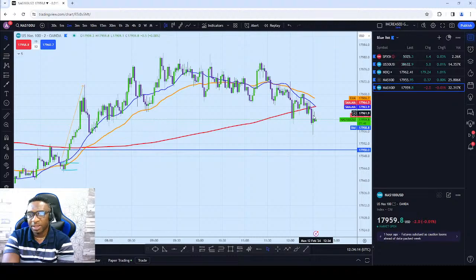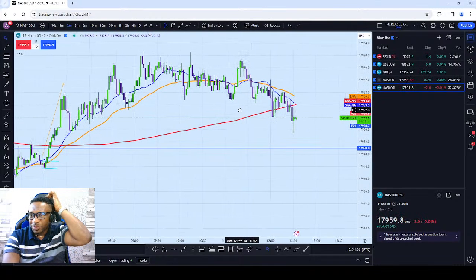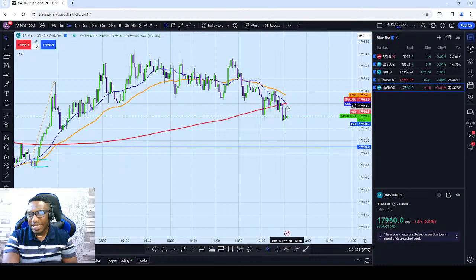But currently it is below the 20 moving average. So if you're looking out for a position here, when it comes near to the 20, that's where we go in for a sell or a buy.